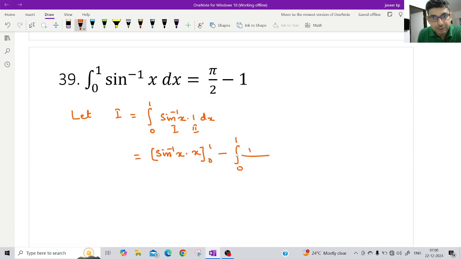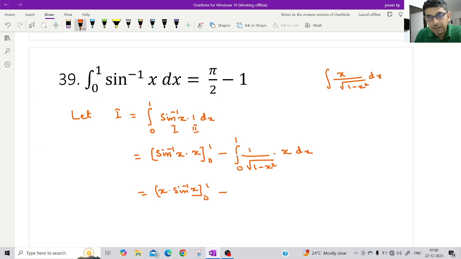derivative of first function, that is 1 by root of 1 minus x square, into integral of second, integral of 1, x dx. Now this is x into sine inverse of x from 0 to 1 minus this, which can be integrated by substitution, x by root of 1 minus x square dx.